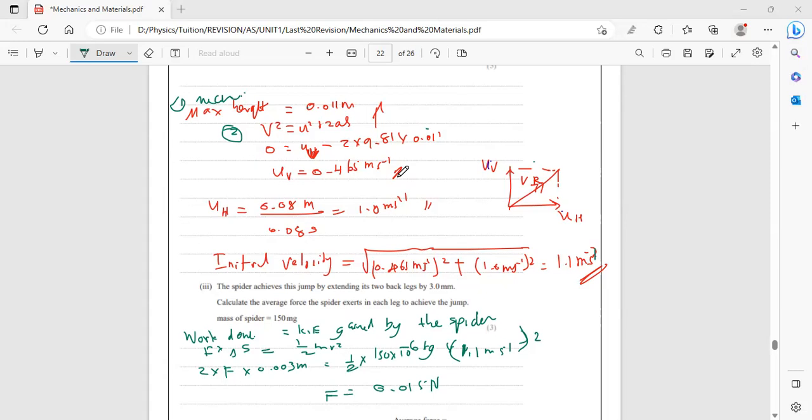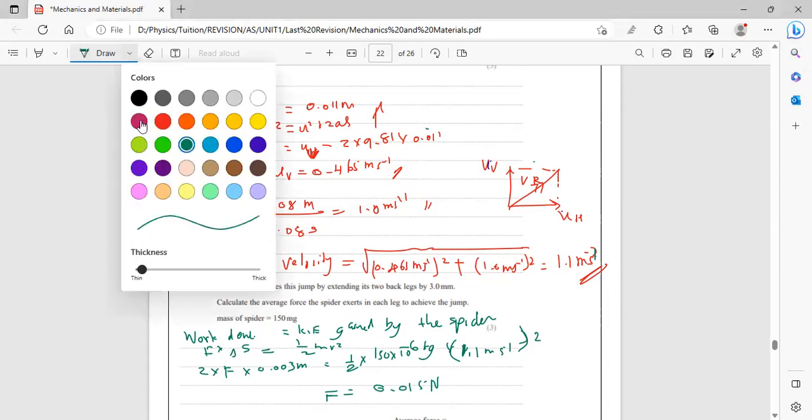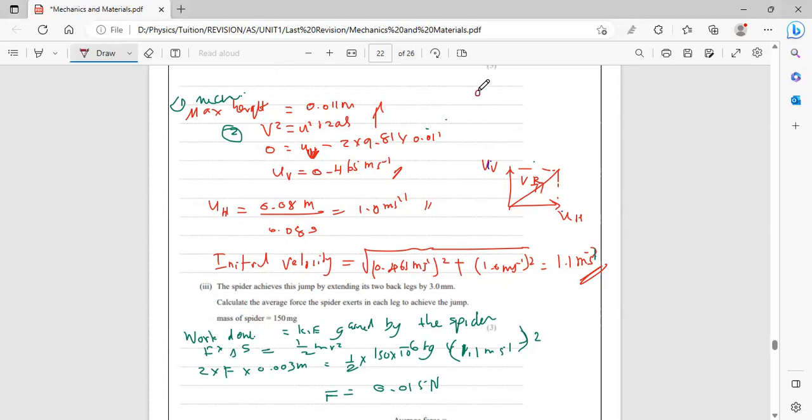When you say average force, it's already included in it, right? Average force is, let's say, initial force is 0, and the final maximum value of the force is F. So average force is 0 plus F over 2, which is F average.